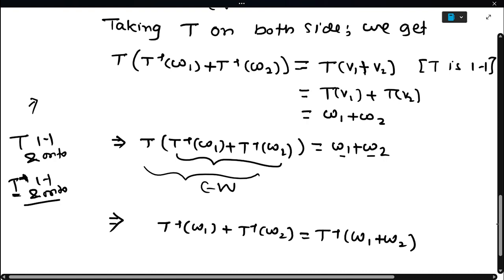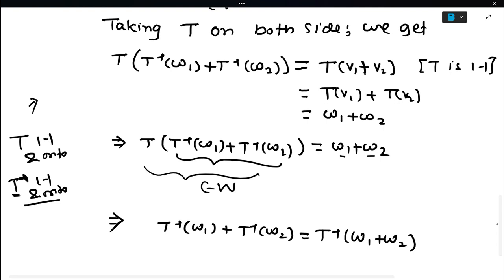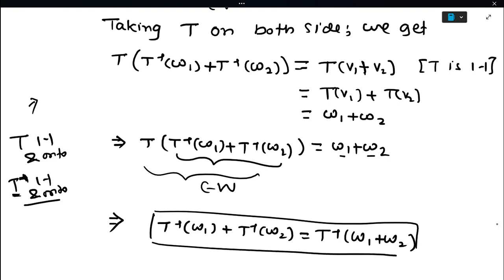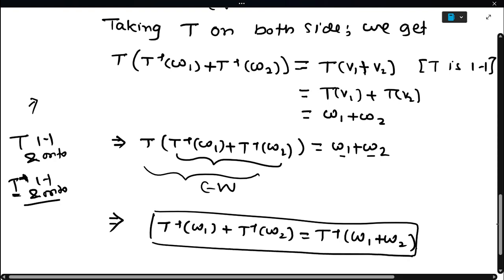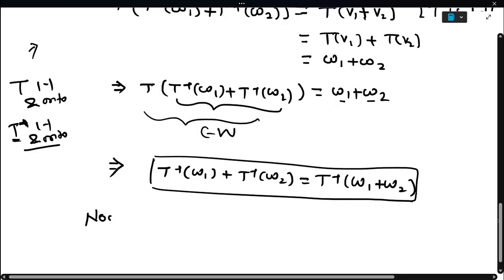Okay, because T inverse and T will be identity. So first part we have proved that T inverse of W1 plus T inverse of W2 equals T inverse of W1 plus W2.